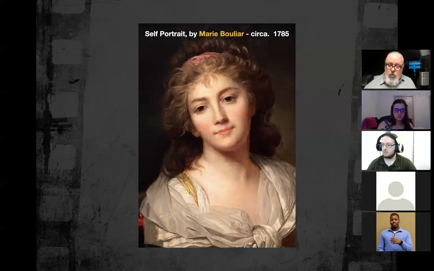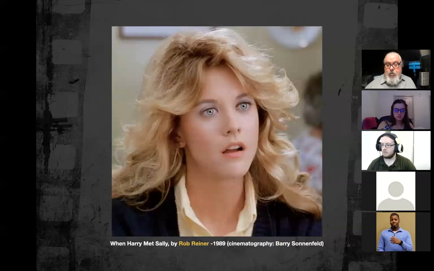It's all right here. And I've chosen a modern image from a modern film to have you think about. So here's Meg Ryan in When Harry Met Sally. And we have the same kind of character: simple, open, upfront, honest, loving, vivacious, full of life, right?